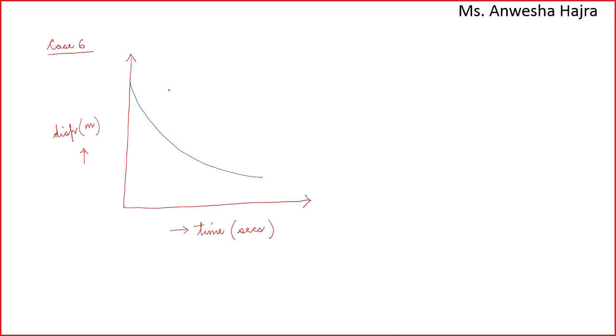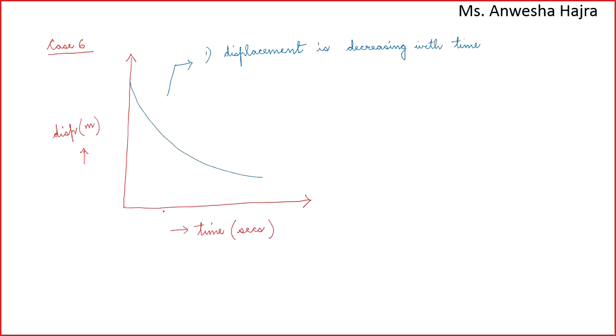So it is clear from here that displacement is decreasing with time.